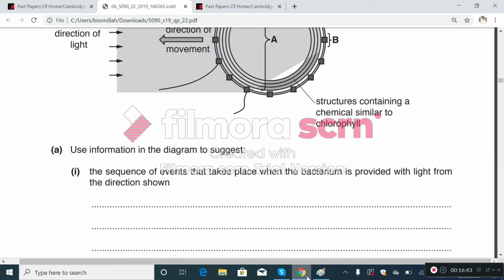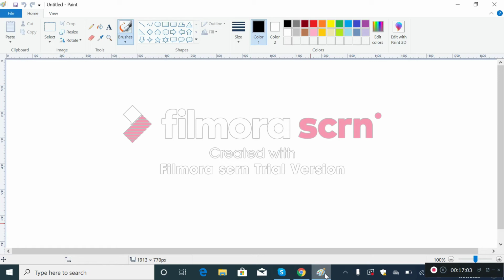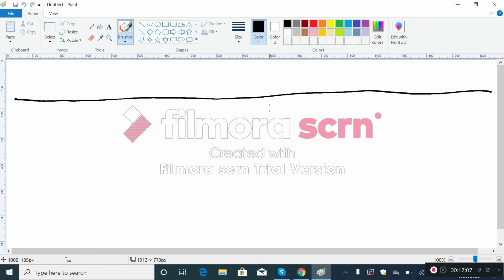Light is the stimulus, and we have to answer whether the bacterium is moving towards the light or away from the light. Actually, when we link it with chlorophyll, then definitely it will be moving towards the light. So what do we have to write in our answer? Let's move to answer the question.